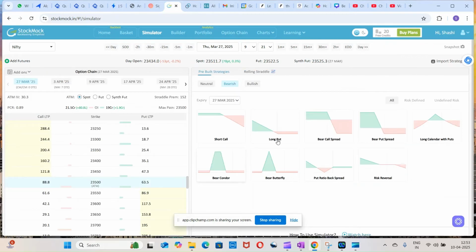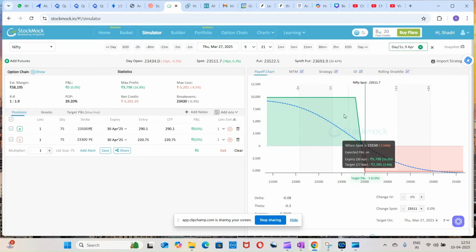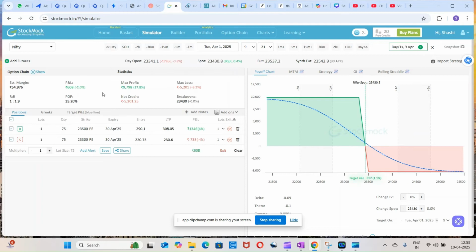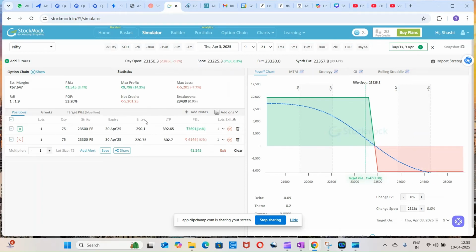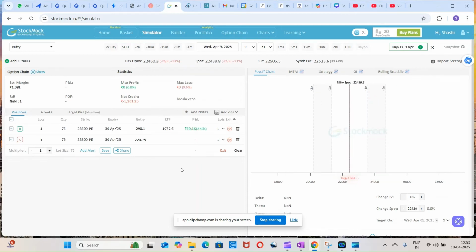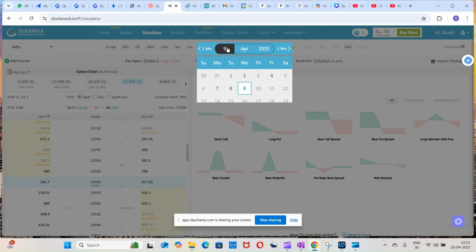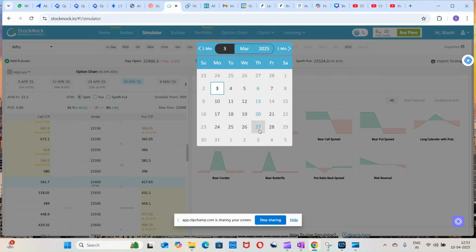Oh, sorry, I took March 27th; I should have taken the March 30th one. So bear put spread at 9:21, and then I run it daily till expiry. It's initially in loss, but now it's giving profit. It ended in profit. Let's do the other strategies also.